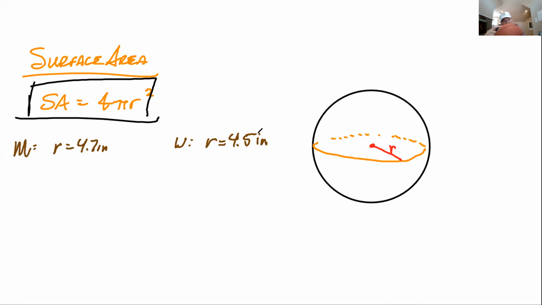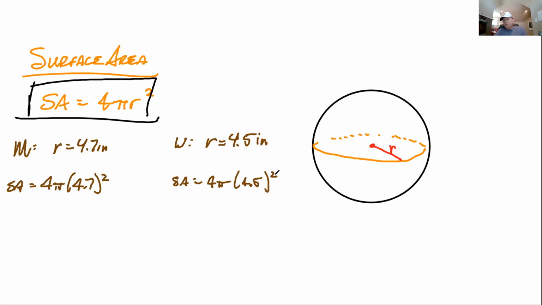And yeah, I know there's rubber in between here and so on, but I just care about how much material it takes to make this ball. All right, so the men's ball surface area will be 4 pi times 4.7 squared. The women's ball surface area is 4 pi times 4.5 squared.